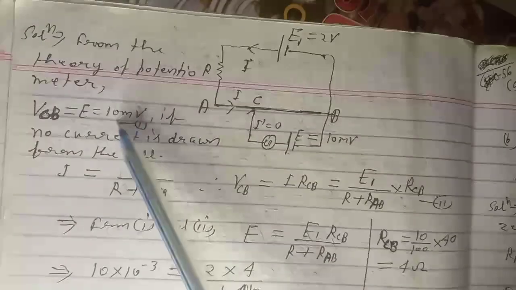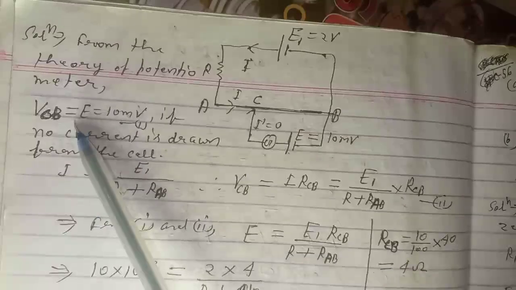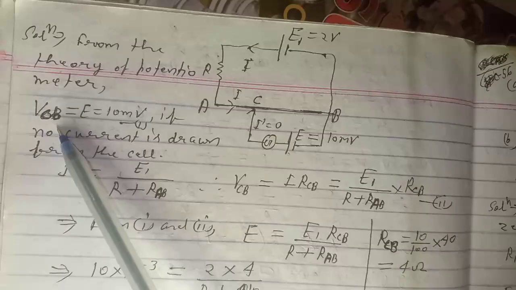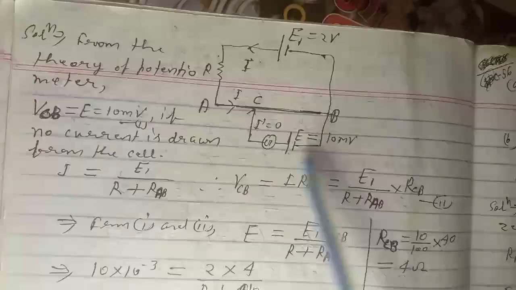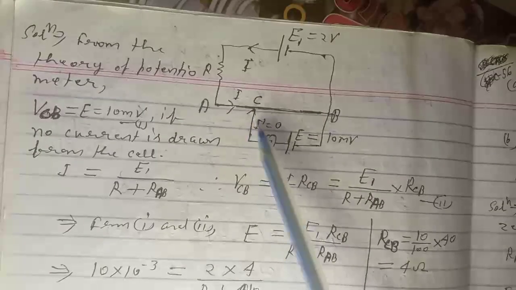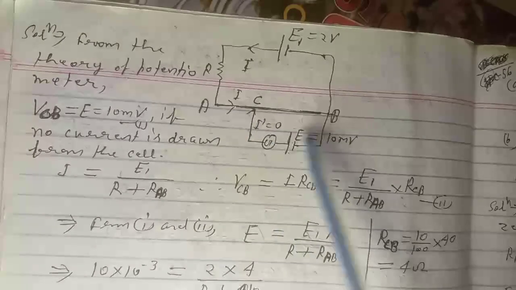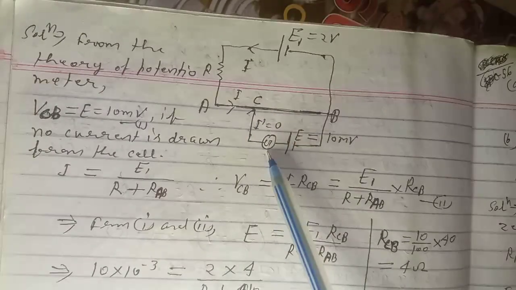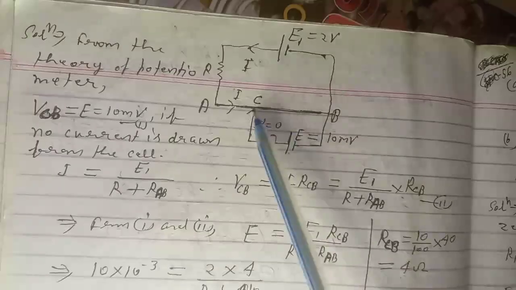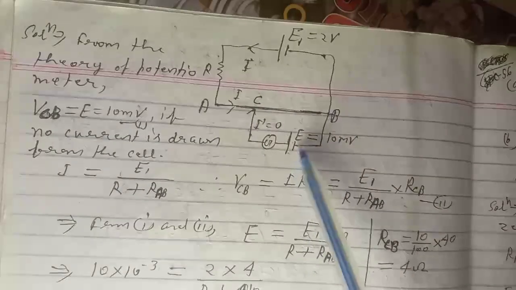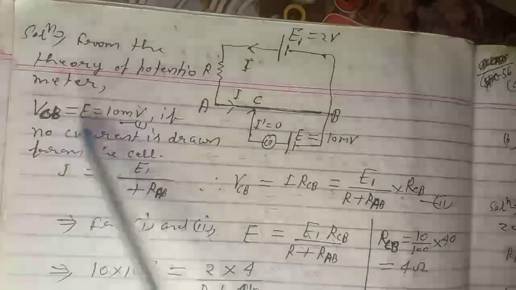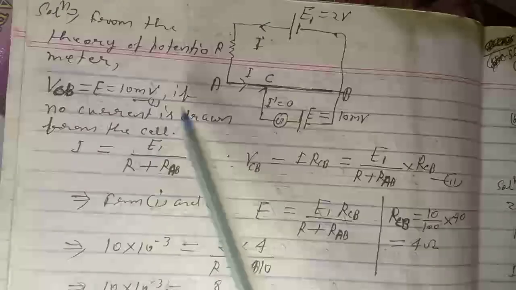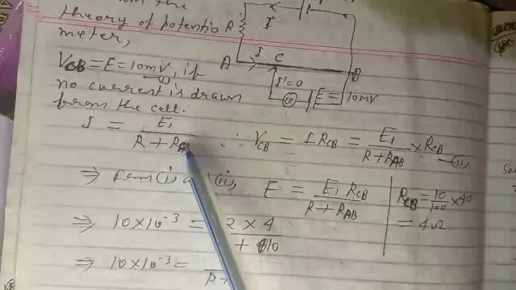From the theory of the potentiometer, we know that V_CB equals E. Because no current is flowing through the galvanometer, it is an open circuit, and the potential across the terminals will be equal to the EMF of the battery. So V_CB equals E equals 10 millivolt, if no current is drawn from the cell.